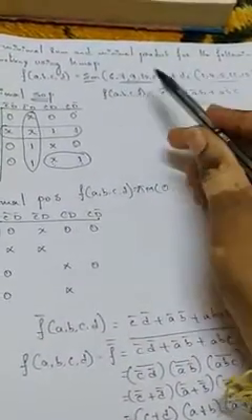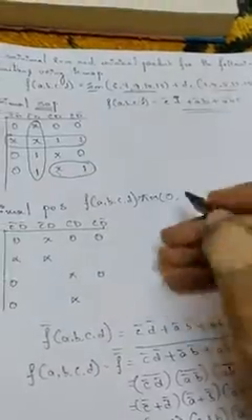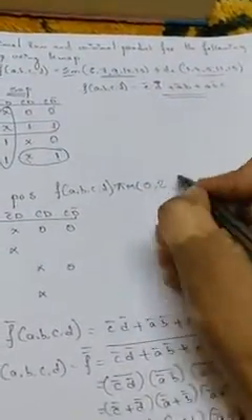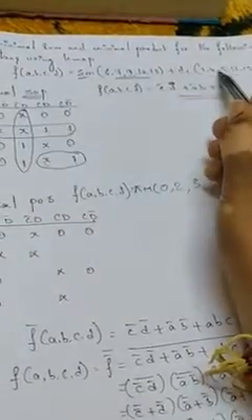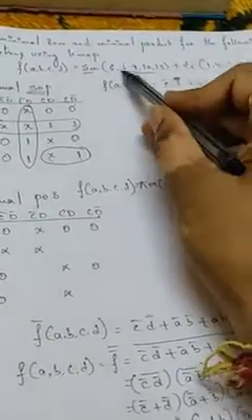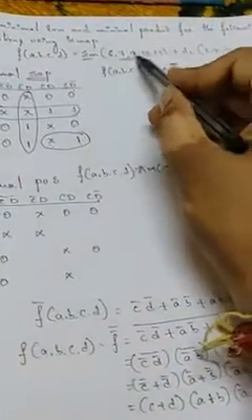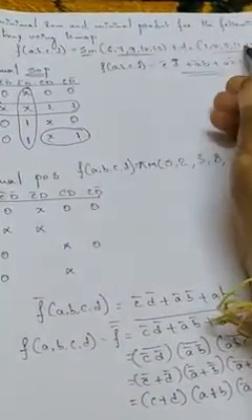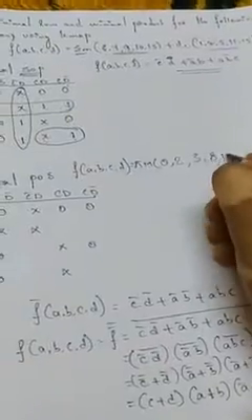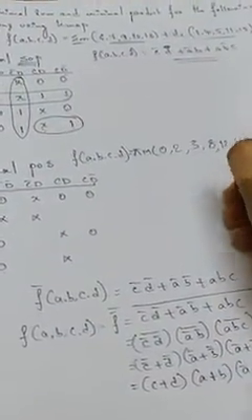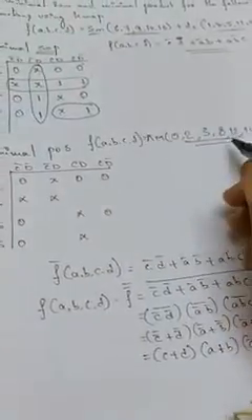Yes, that's a don't care. 2 is not here, so write 2. 3 is not here, write 3. 4 is here. 5 is here. 6 is here. 7 is here. 8 is not here, write 8. 9 is here. 10 is there. 11 is there. 12 is not here. 13 is here. 14 is not here. 15 is here.